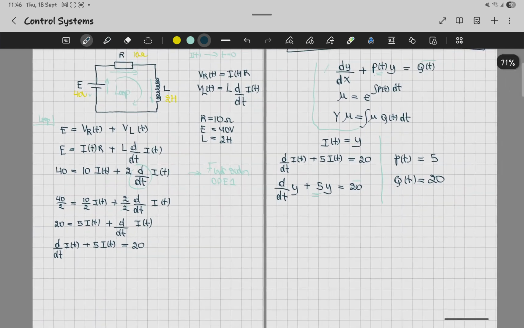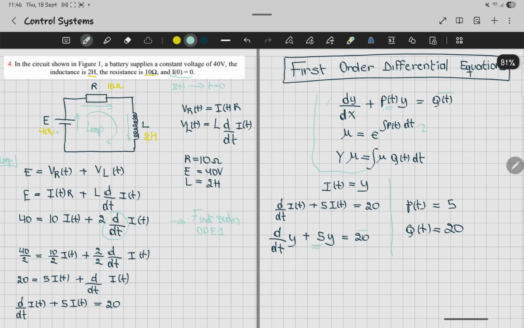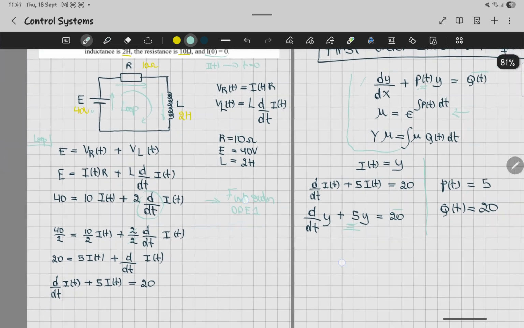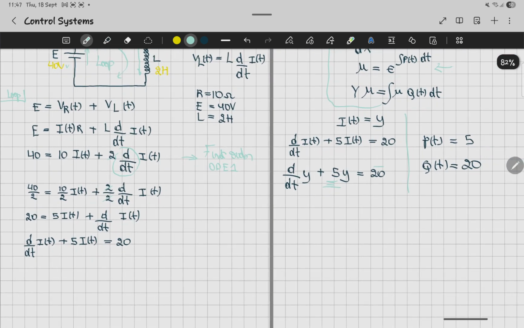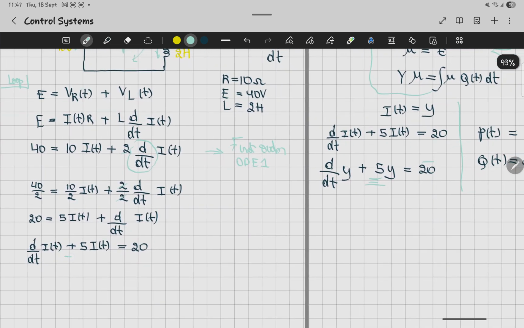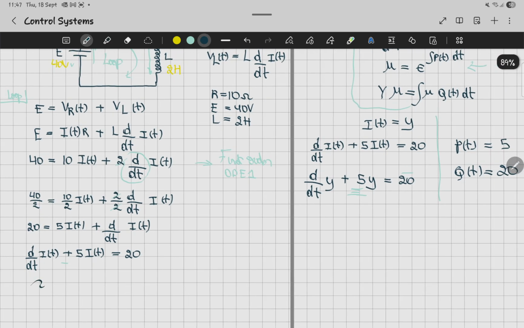So we're going to start with the second formula. We're going to use this formula. We already have this form. Okay, this is the form that we got. This one is going to give us e to the power of the integral of PT, which equals 5 dt.